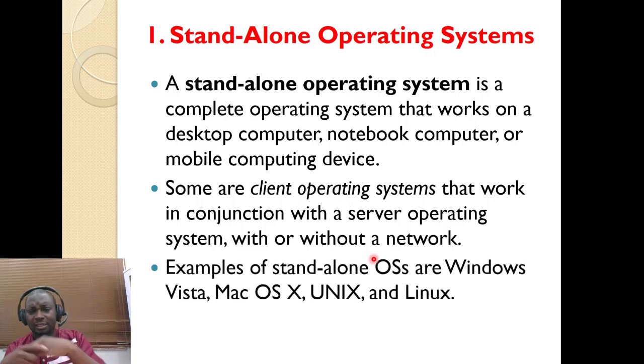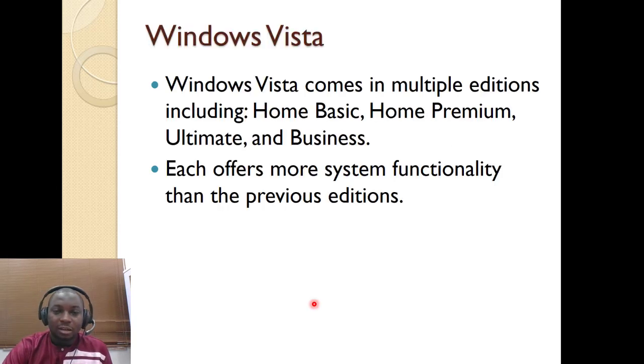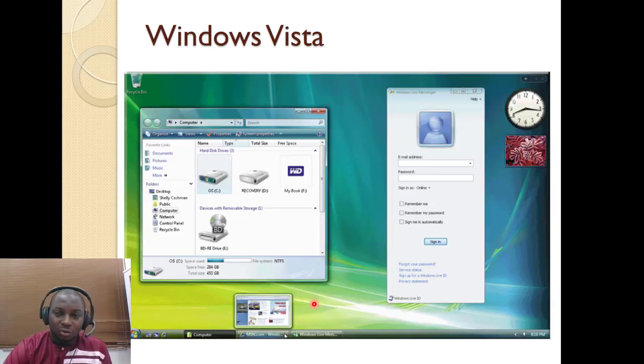Somebody may put on Vista on their own machine, and you are using the same thing at the same time. You can use Linux as a standalone machine. At the same time, it works as your server if you are hosting websites and many others. So you can see these are all different categories. We may not go deeper into them, but I am just showing you the different interfaces if you have never seen them.